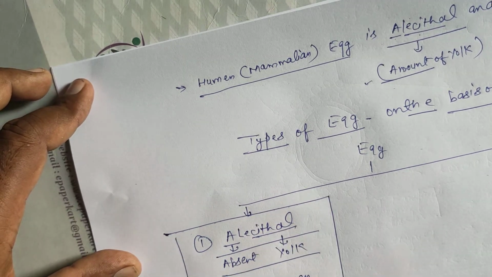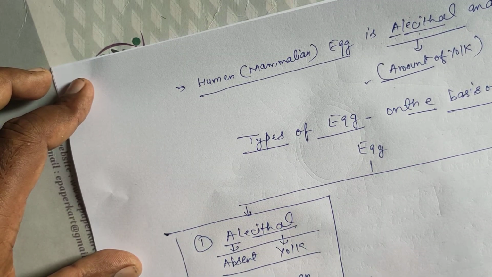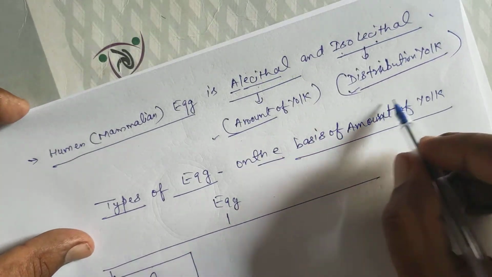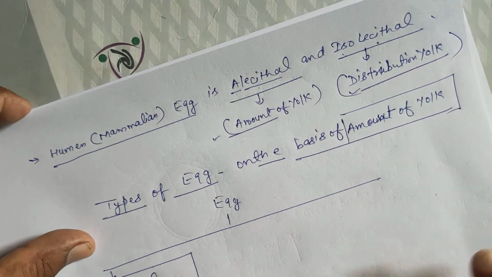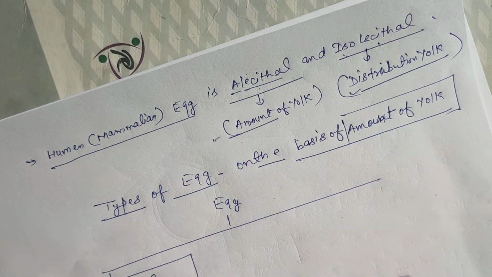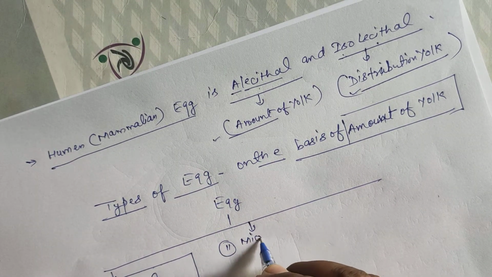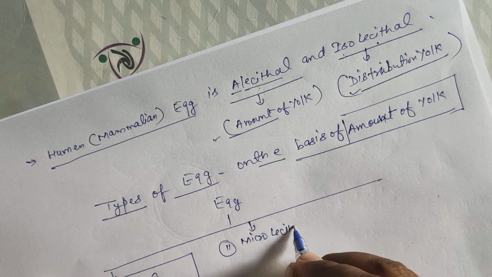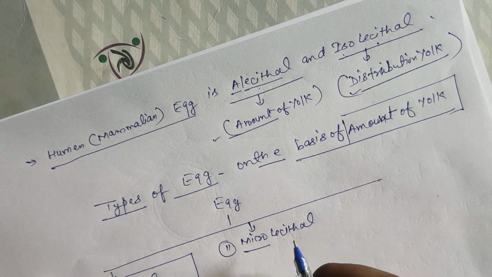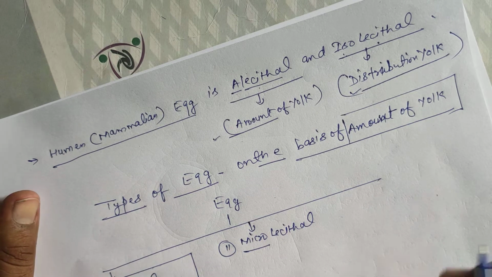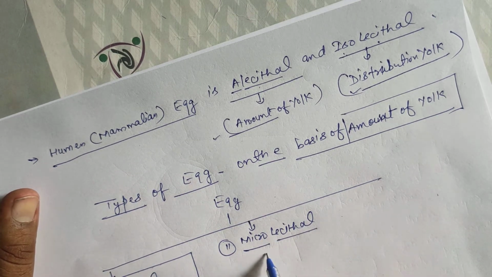So human egg is alecithal on the basis of amount of yolk. Second is microlecithal. It means in micro amount, lecithal means yolk.